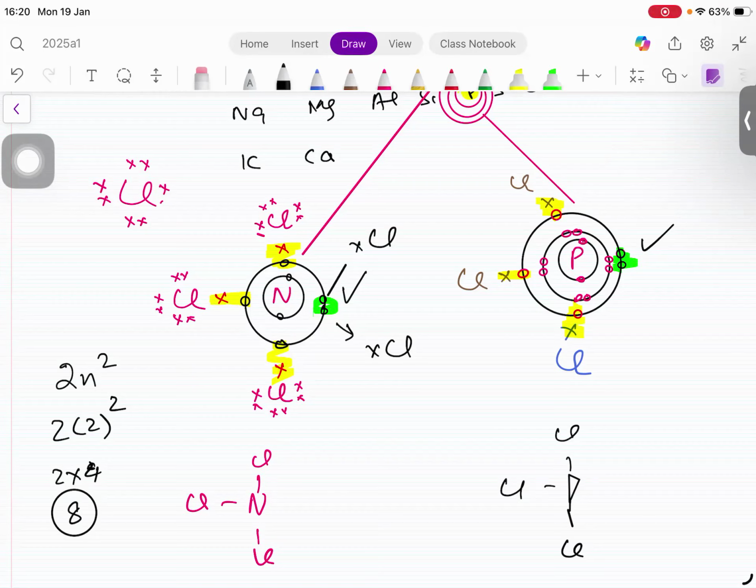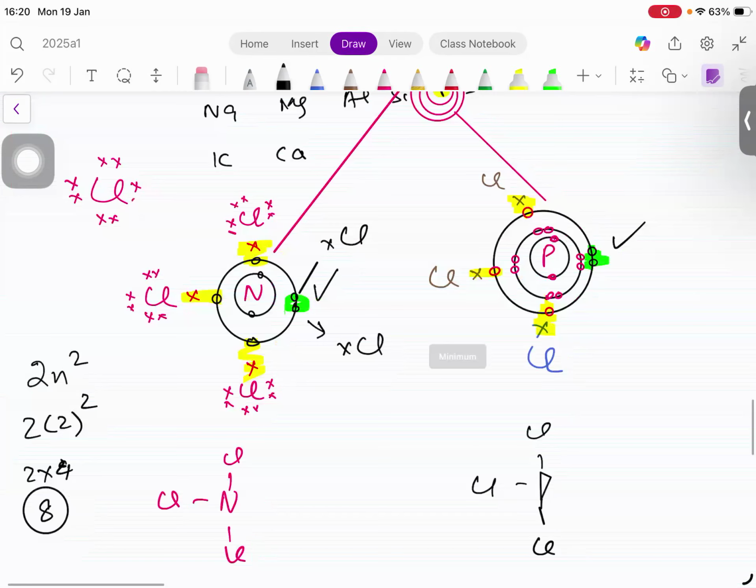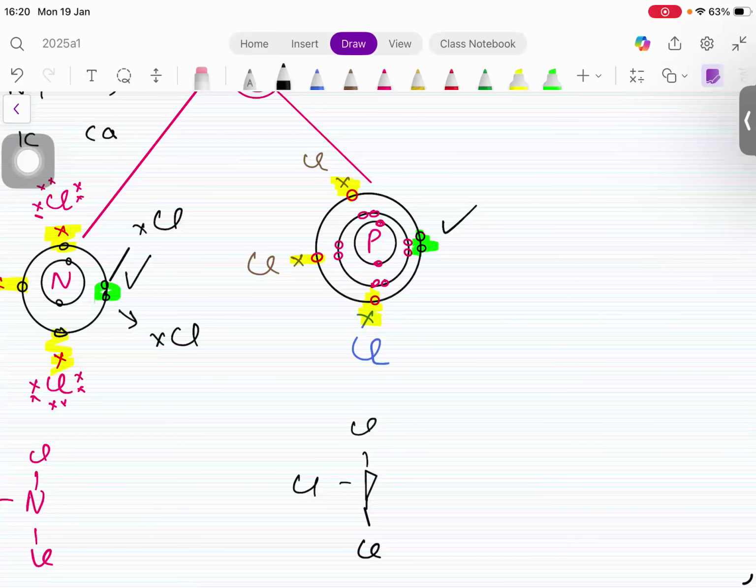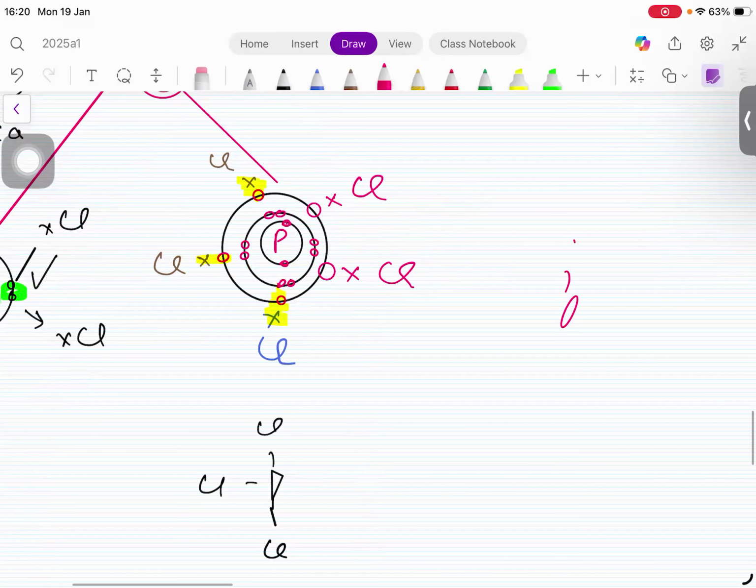But on the other hand, if you look at the phosphorus, it can still go like this. It can use this lone pair to attach two more chlorines to it. And it will become PCl what? 5.